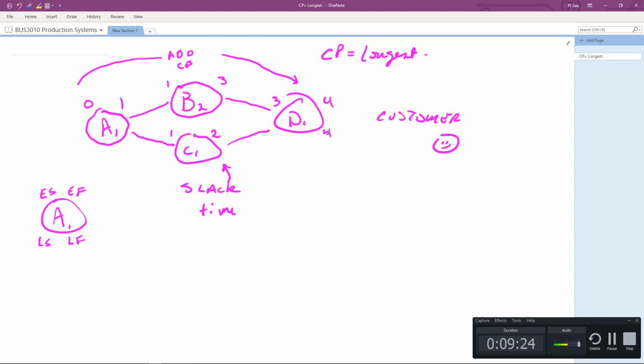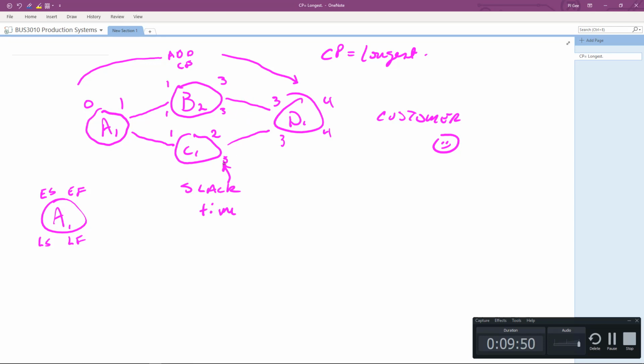We know we're going to finish at week 4. We subtract 1, and we end up with 3 here. You're always going to see the same numbers top and bottom on this. Now we transfer the late start of D to the late finish of these predecessors. So we put 3 in there. 3 minus 2 weeks is 1. Notice that it's the same on the top as it is on the bottom. There's no slack time up here.